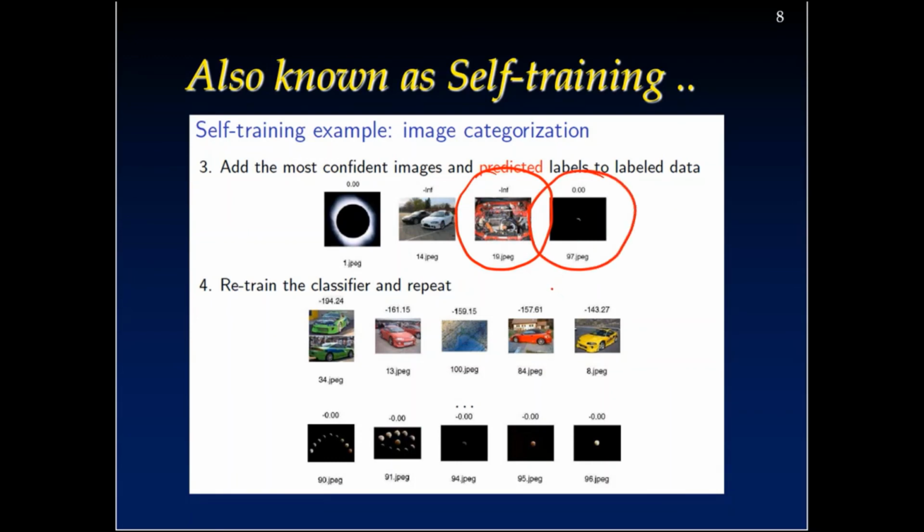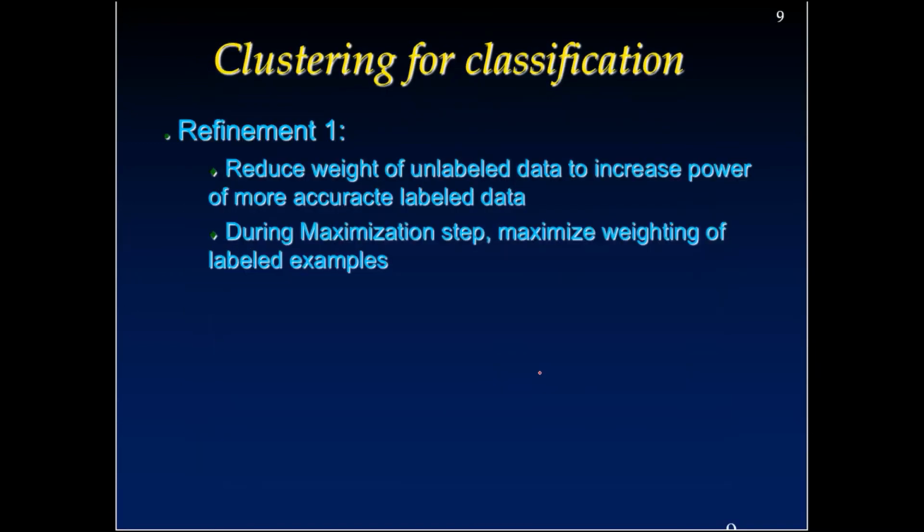We find some criteria to be sure that a particular image has been confidently classified. It could be wrong though, but the most confident images will be included. Then you retrain the model, score the unlabeled images again, find the most confidently classified images, and put those in the labeled training data again. You keep iterating, and you will see the accuracy improve over these iterations.